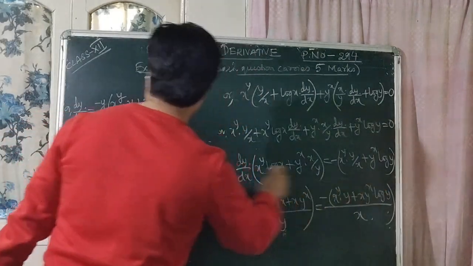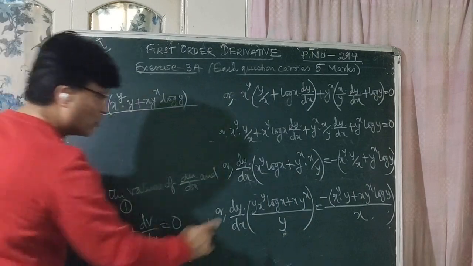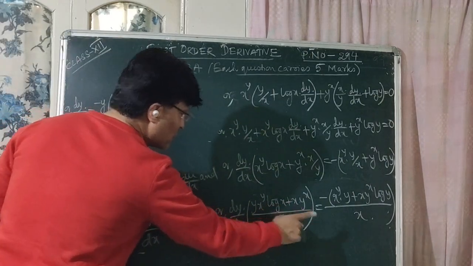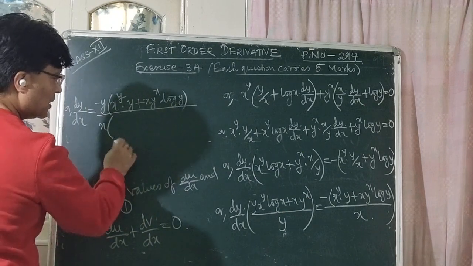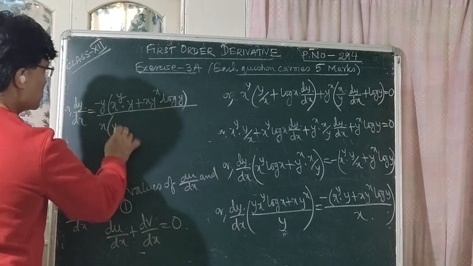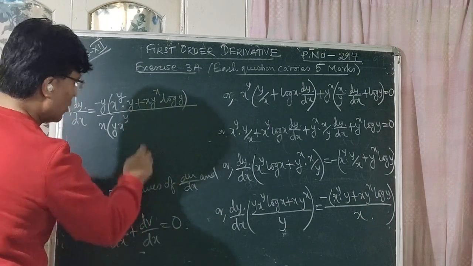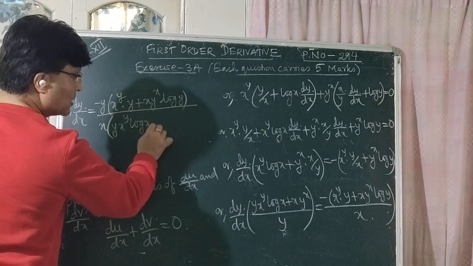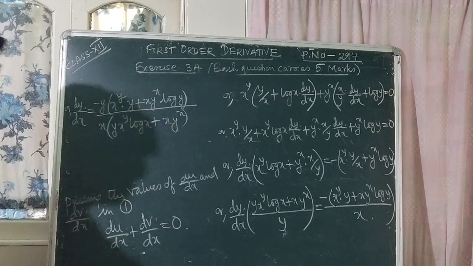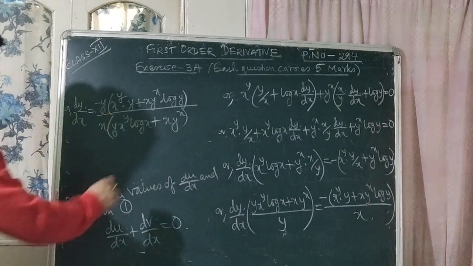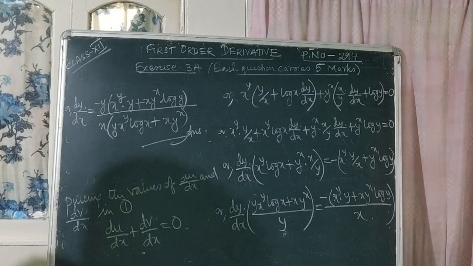Whole divided by, in the denominator you can cross multiply by y x to the power y log x plus x into y to the power x, that is x within bracket y x to the power y, then log x plus x y to the power x. Is that clear? So this is the final answer. So dy by dx is this one.